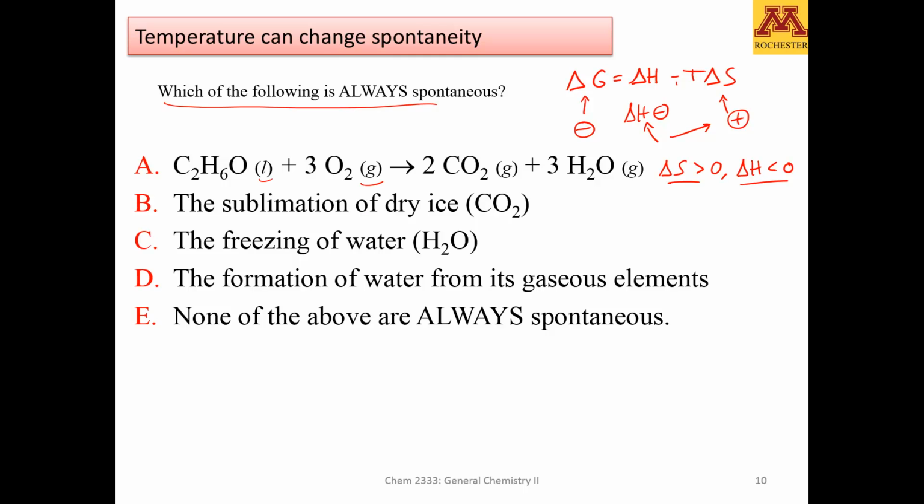The sublimation of dry ice, you go from solid to gas, so you know that the entropy is positive. However, to go from solid to gas, you need to provide heat. That means your delta H is positive. So this means that this will only be spontaneous at high temperatures. The freezing of water.